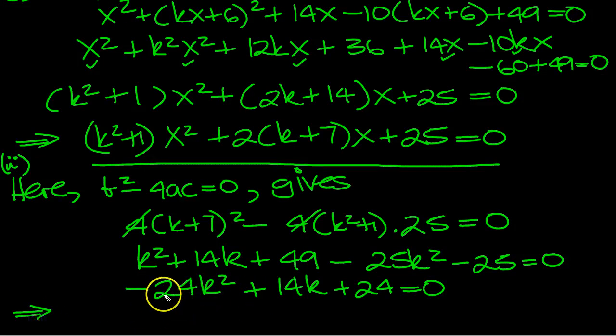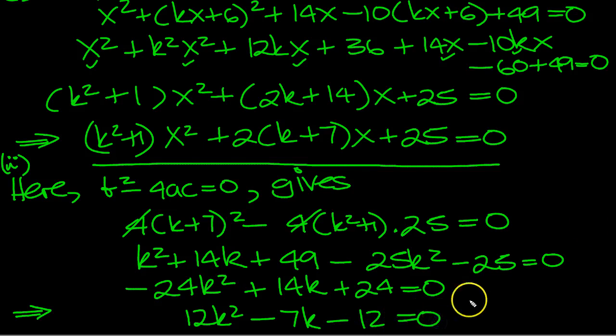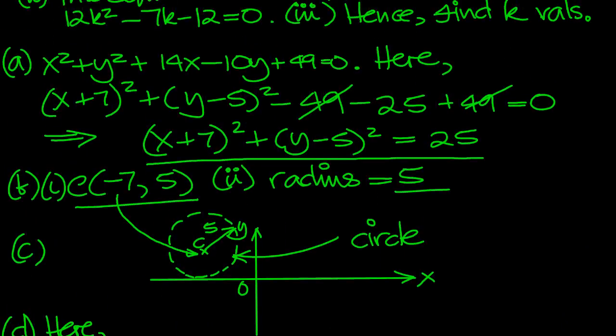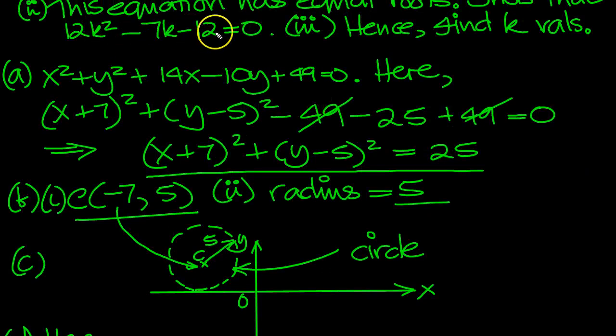So divide that by minus 2, we'll get 12k squared. Divide this by minus 2, we get minus 7k. Divide this by minus 2, we get minus 12 equals 0. Is that what we needed to show? Let's just have a little look. Yep, that's what we needed to show.